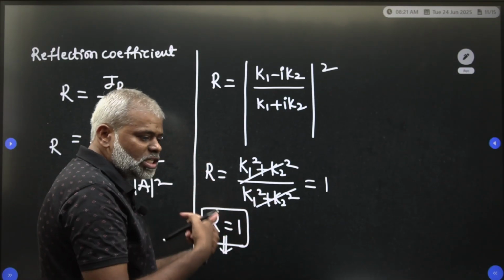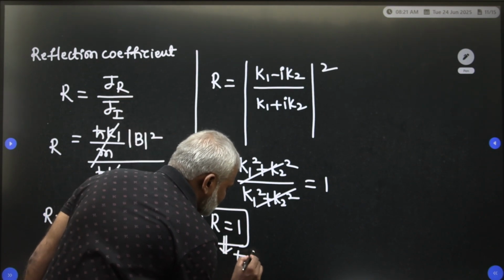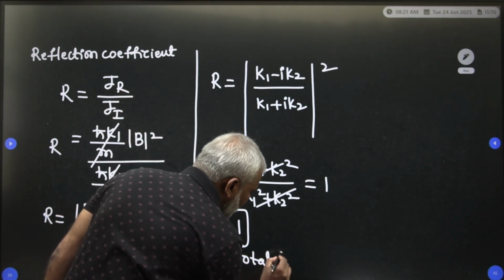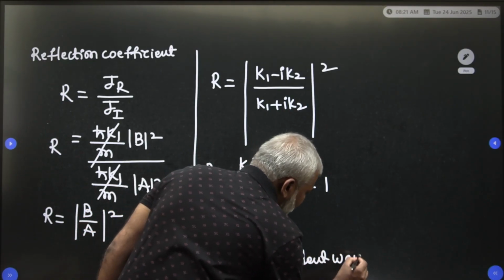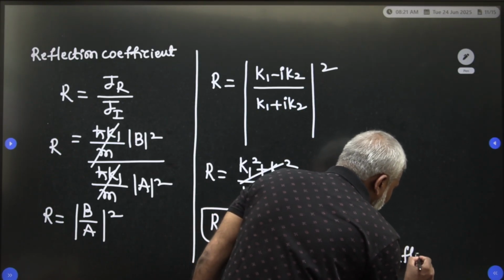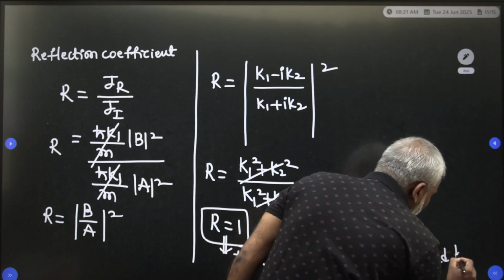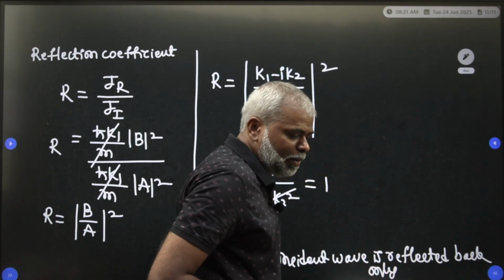It means the total wave is reflected back only. The total incident wave is reflected back only.